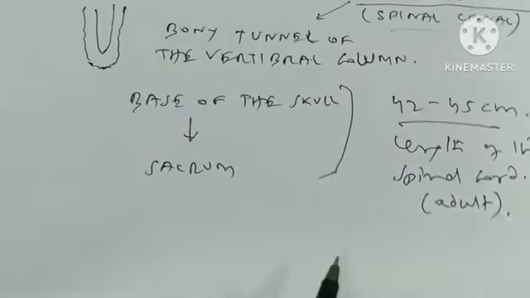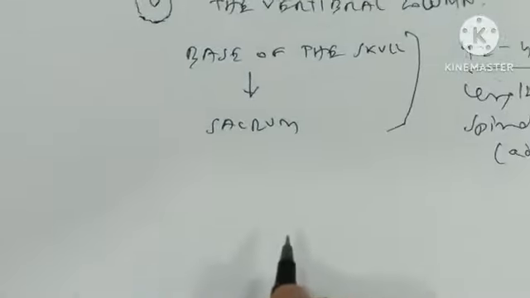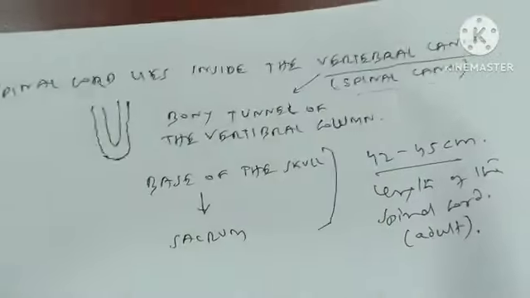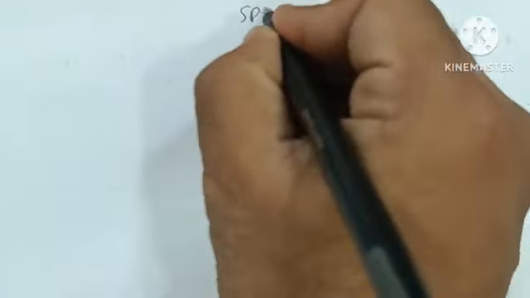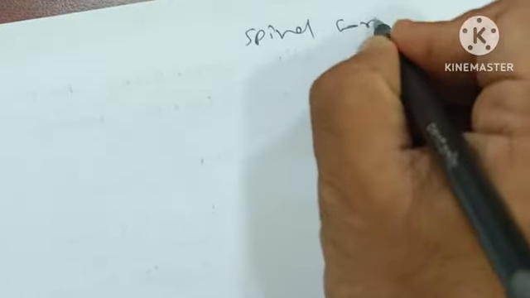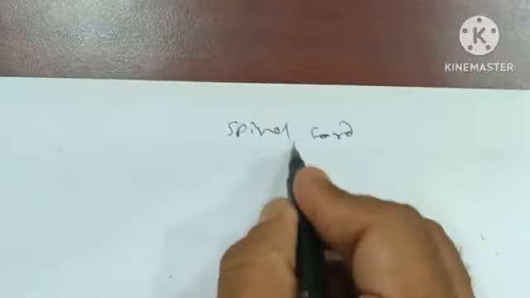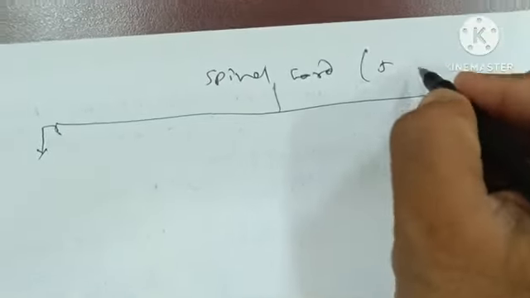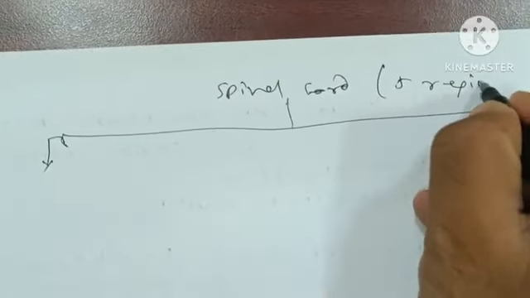Clear? Now the spinal cord is divided into 5 regions.